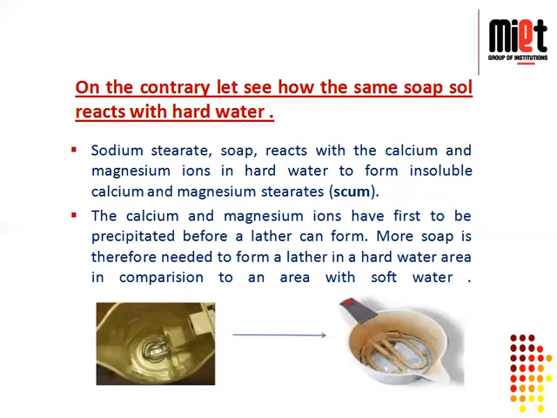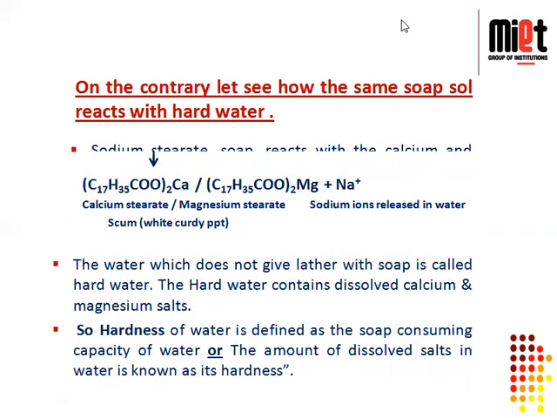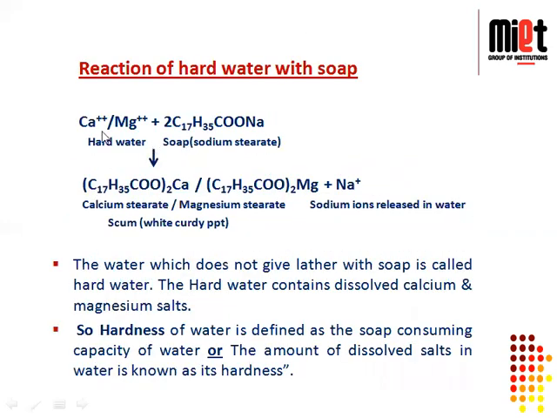On the other hand, अगर हम same soap solution की रिएक्शन हार्ड वाटर सैंपल के साथ कराते हैं तो जो salts present होते हैं like अभी हमने discuss किया था कि कैल्शियम और मैग्नीशियम मेटल के salts, ये आपका सोडियम स्टेरेट है that is C17H35COONa. जब कैल्शियम और मैग्नीशियम के salts जो हार्डनेस के लिए responsible हैं उनके साथ रिएक्शन करेगा तो कैल्शियम स्टेरेट और मैग्नीशियम स्टेरेट बनाता है जो कि पानी में सॉल्युबल नहीं होता है और white curdy ppt में नीचे settle down हो जाता है.